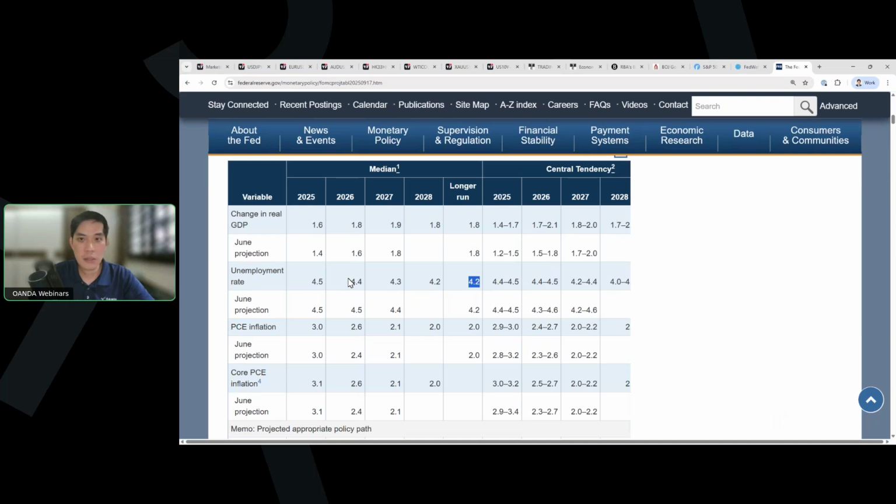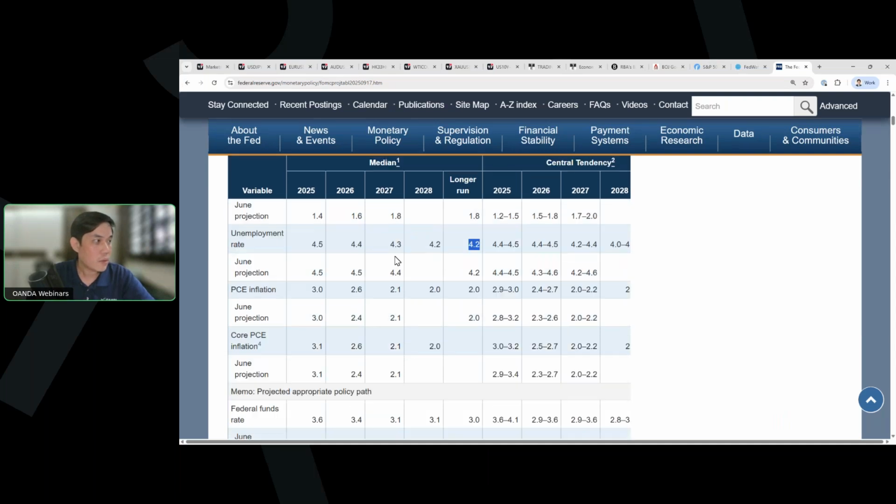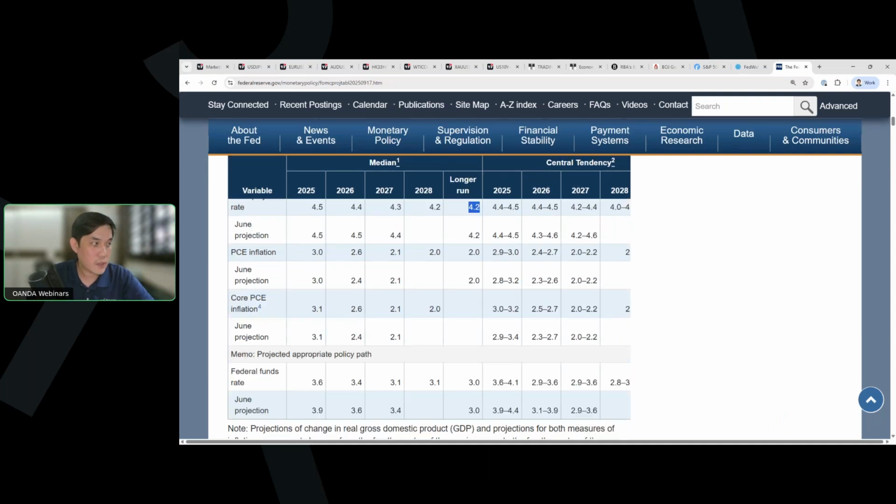And that also potentially could see a reduction on the change in the real GDP number as well, because change in real GDP number and unemployment rate come with a kind of indirect correlation. That means if you start to see a bump up in the unemployment rate, potentially the projection for the real GDP change should come down lower as well.